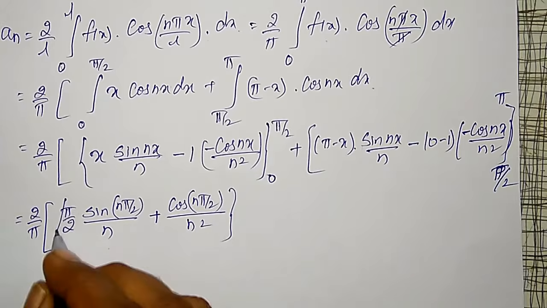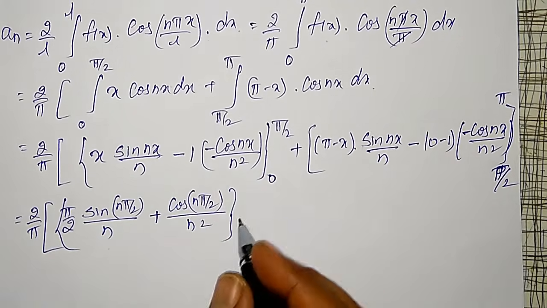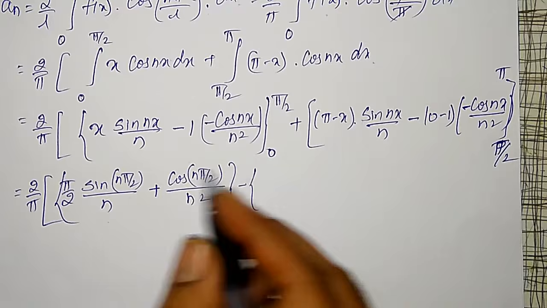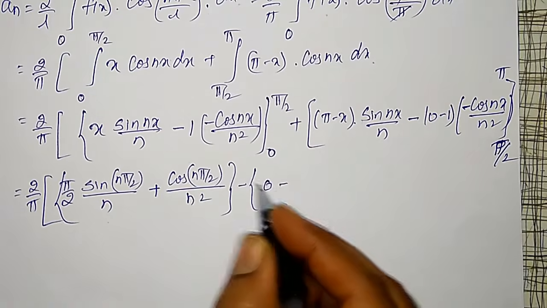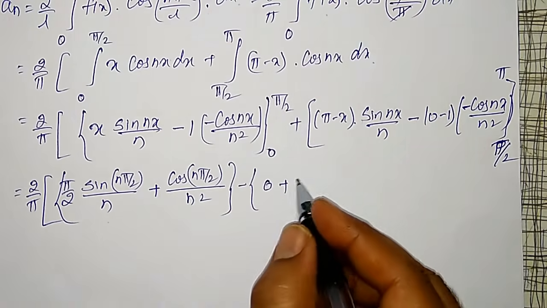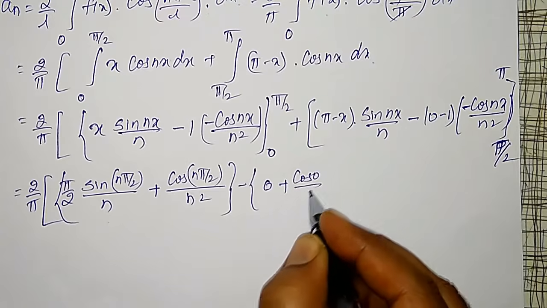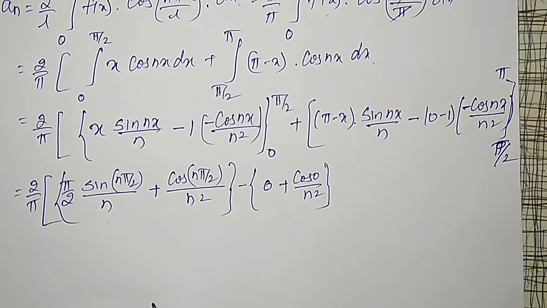This is my upper limit for the first term, minus lower limit x equal to 0: first term will become 0, minus of minus plus cos 0 divided by n square.